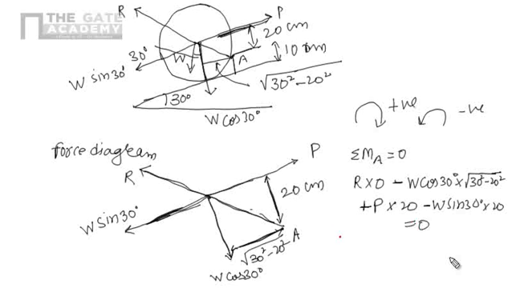So now we are having W cos 30 into the square root of 30 square minus 20 square equals to P minus W sin 30 into 20.